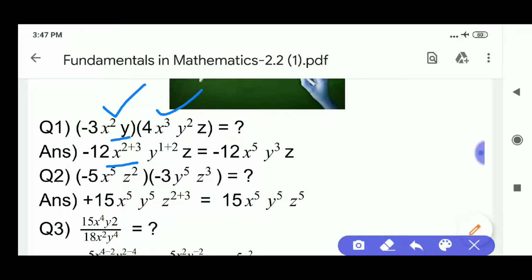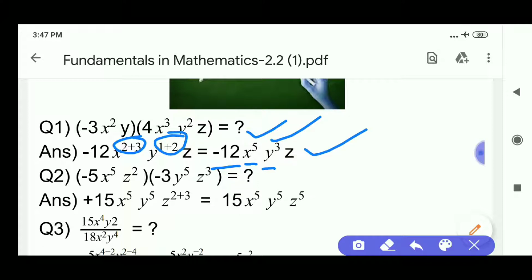Similarly, y power 1 into y power 2 becomes y power 1 plus 2, and z is here, and write that z here. Now its answer is minus 12 x power 2 plus 3 is 5 and y power 1 plus 2 is 3 and z. So its answer is minus 12 x power 5 y cube z.